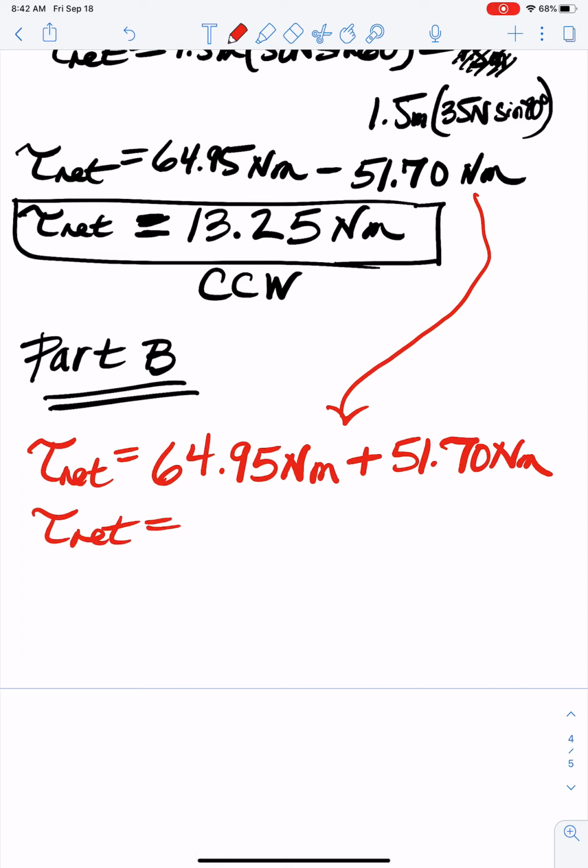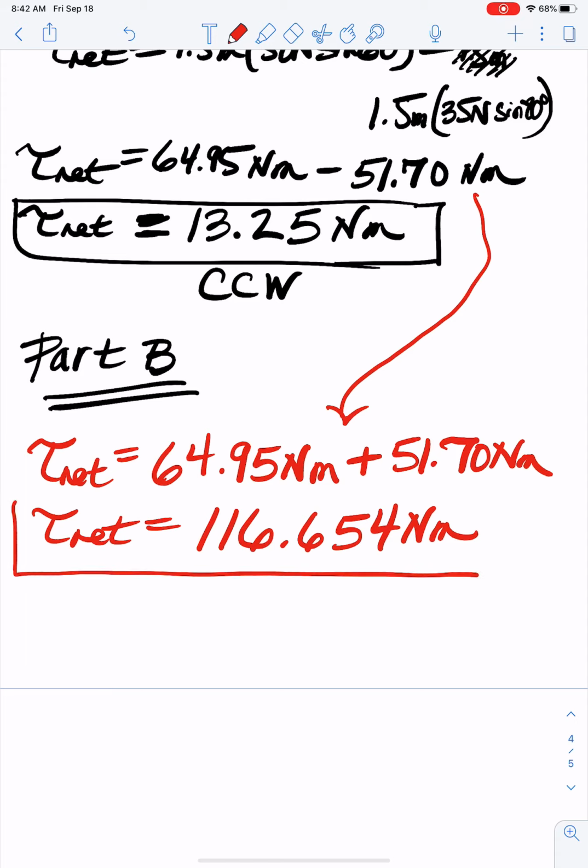If we add those two, give me 1 second for the calculator. We get, if my math is right, 116.654 Newton meters. All right, so be sure to check those answers with the back of the book and make sure we didn't make any mistakes, but they should be right on.